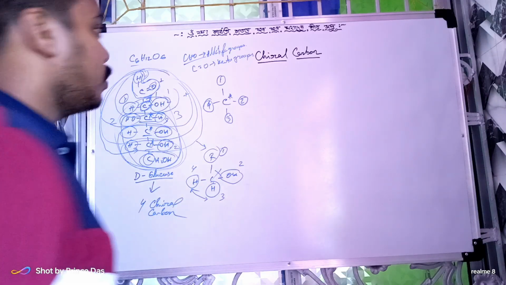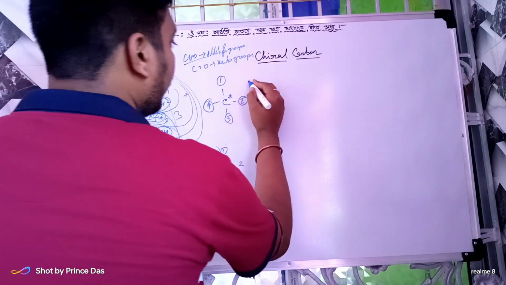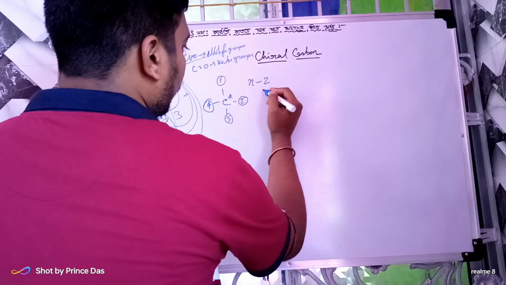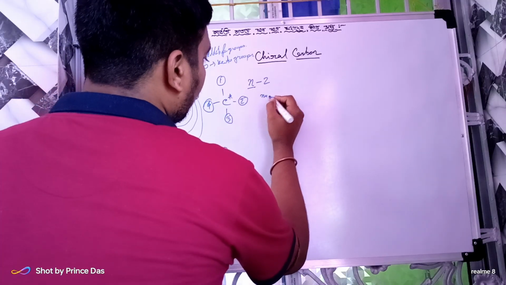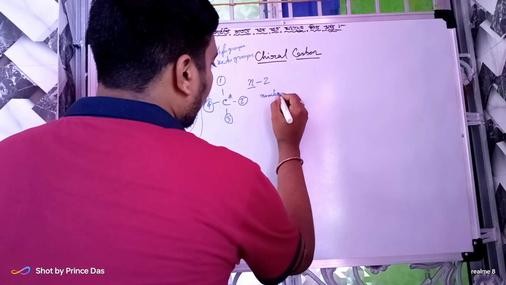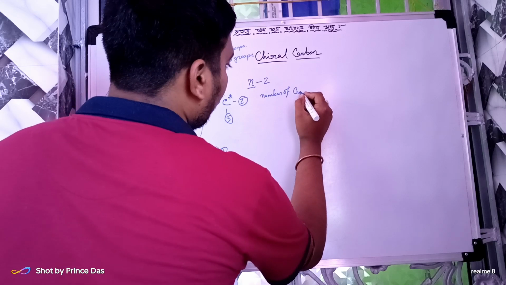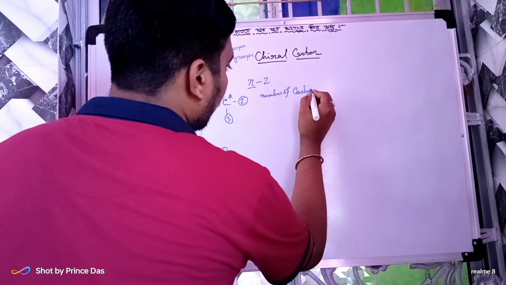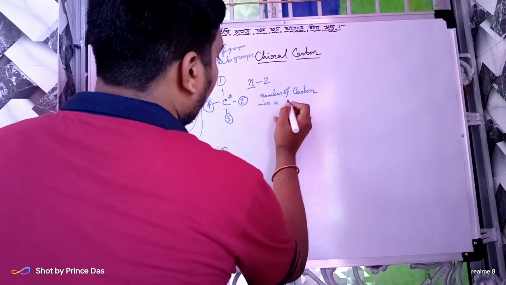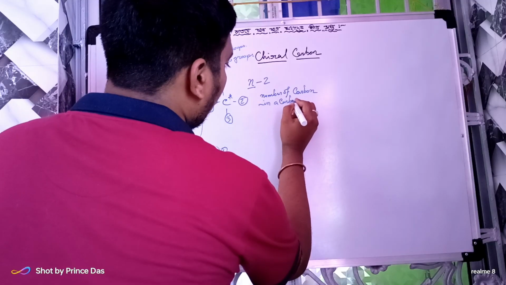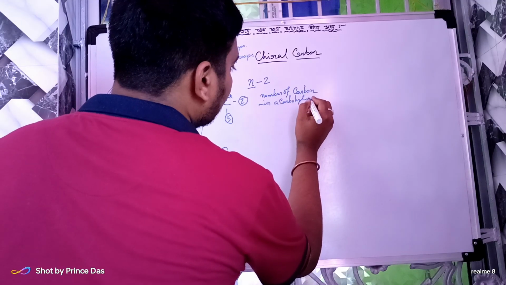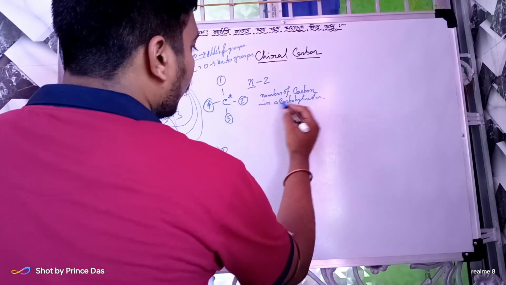So there is a simple formula for aldehyde, that is N minus 2. N means the number of carbons in a carbohydrate. Okay, number of carbons in a carbohydrate.